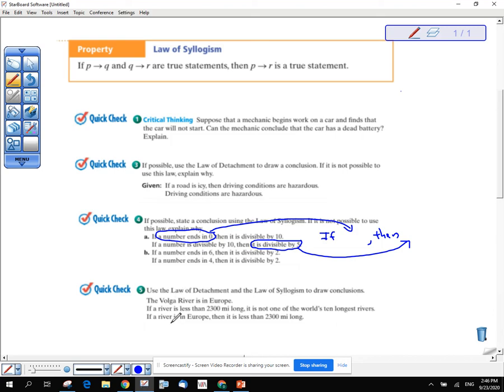And then the Volga is in Europe would suggest that the Volga is not one of the world's 10 longest rivers. Just simply write, the Volga River is not one of the world's 10 longest rivers.